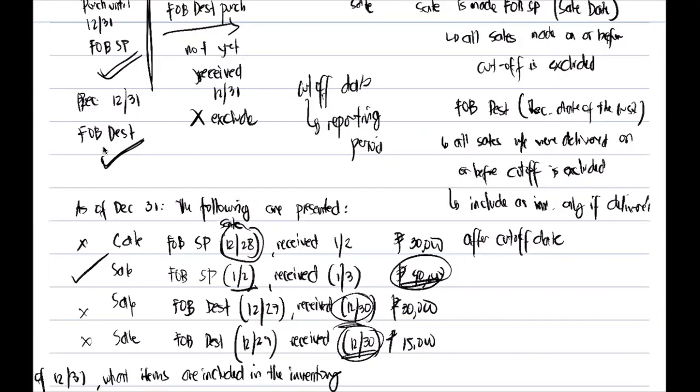If it is received on or before cutoff, you exclude. If you want to include it, it must not be delivered during the cutoff date. So it must be delivered after the cutoff date. Okay, so that's for sale and purchase, FOB shipping point and FOB destination.